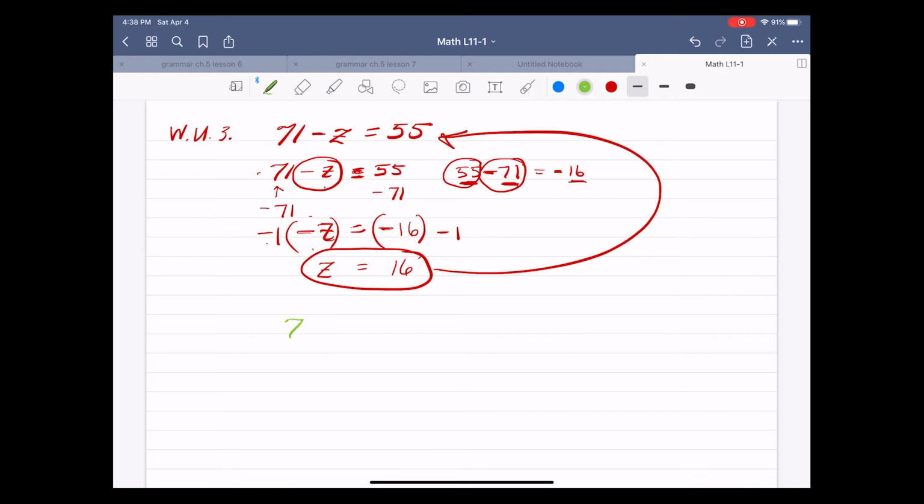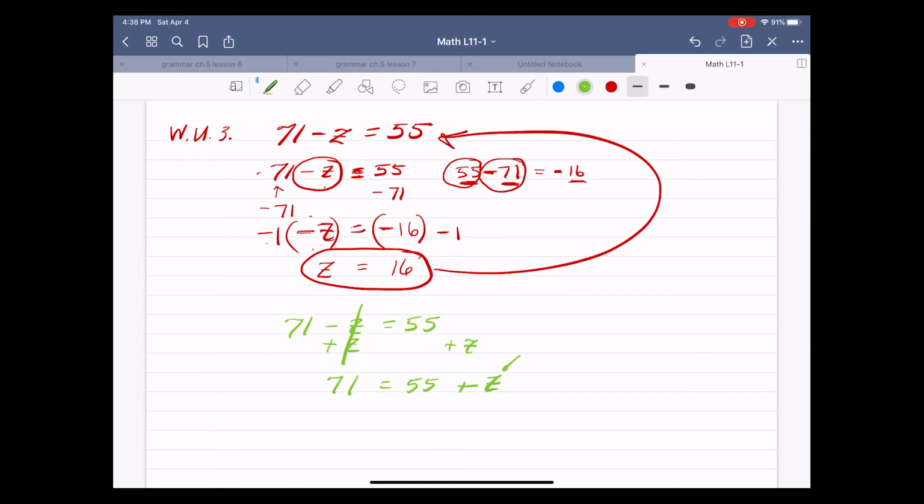All right, now I want to do this another way for you. We started here and we had 71 minus z equals 55. I could add a z to this side and add a z to this side, cancel those out, and I've got 71 equals 55 plus z.